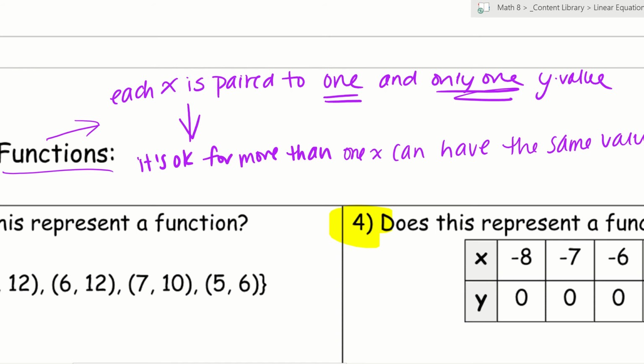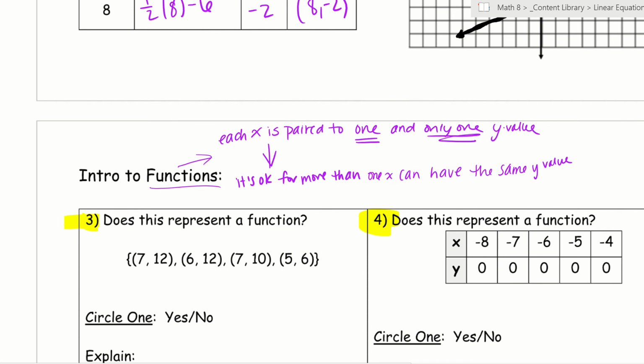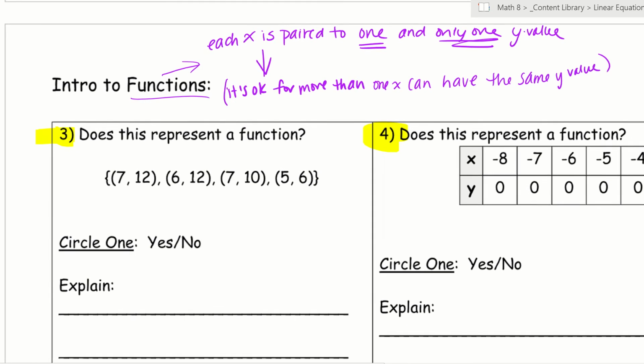It's just not okay for an x value to have two y values.